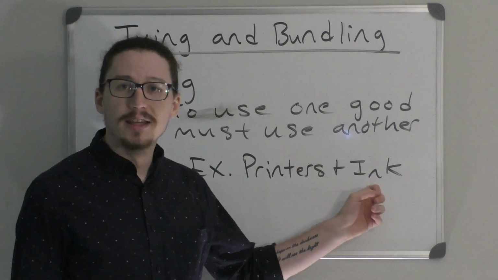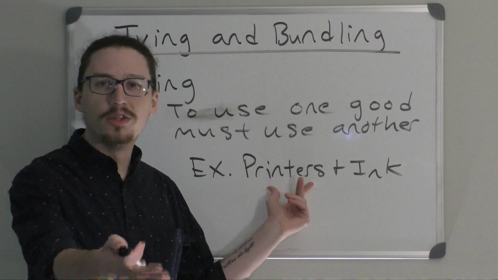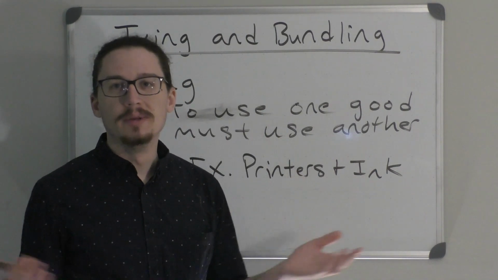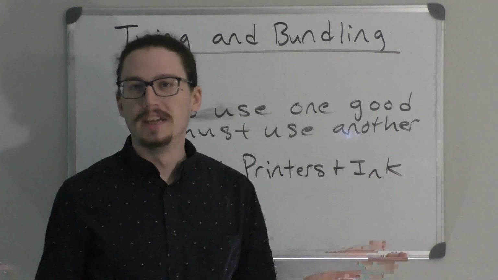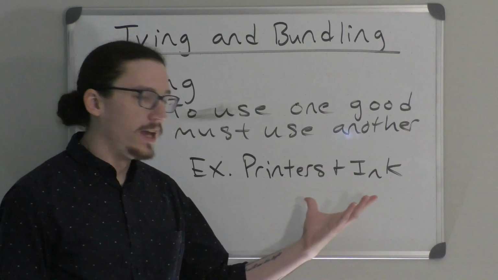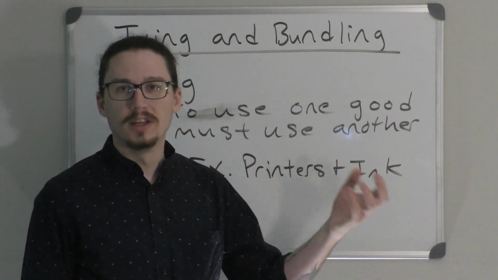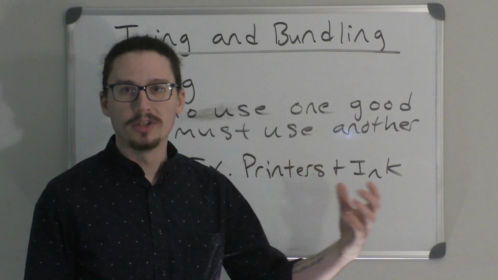But if you do print a lot, then you're going to continue to buy ink. If you're not printing a lot, then you might say, oh, this printer's cheap. Maybe you don't even use all of the ink that comes with the printer, and you're fine with that.